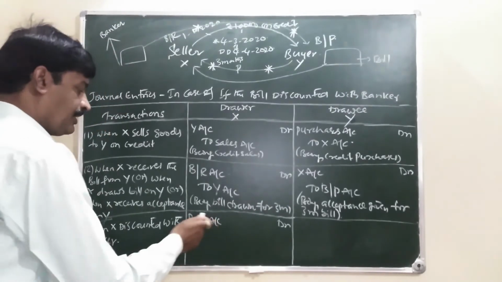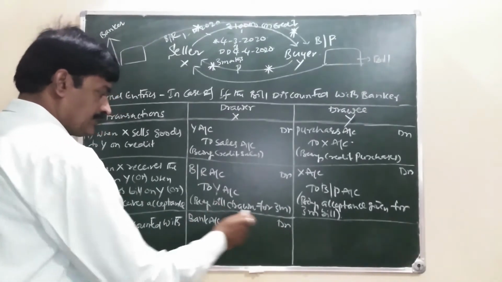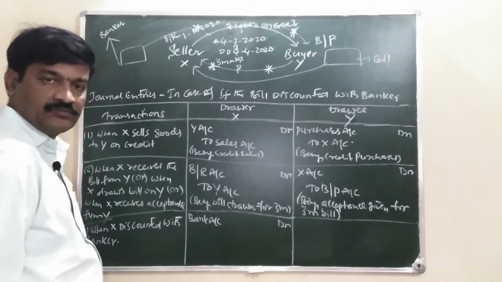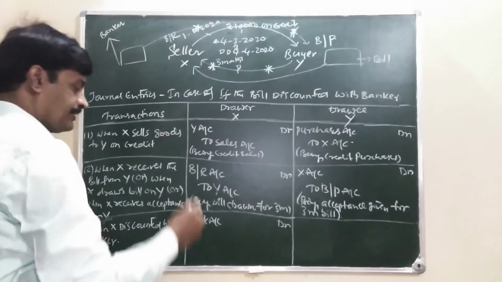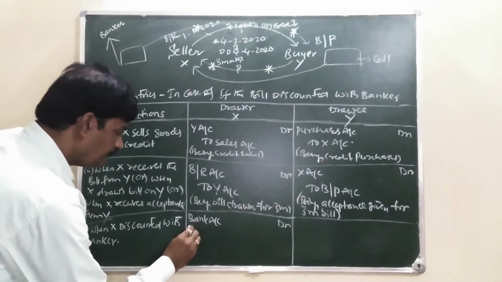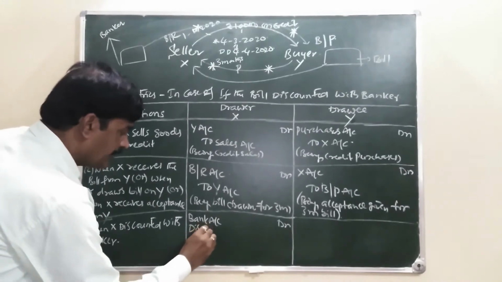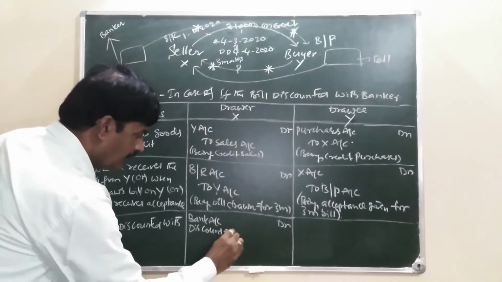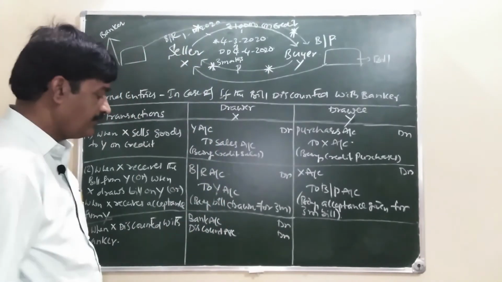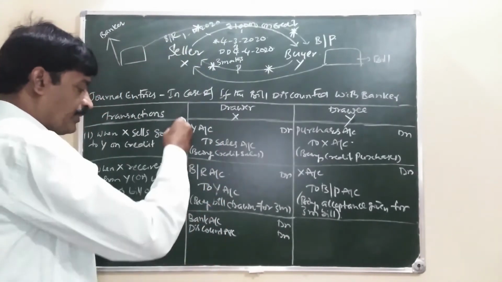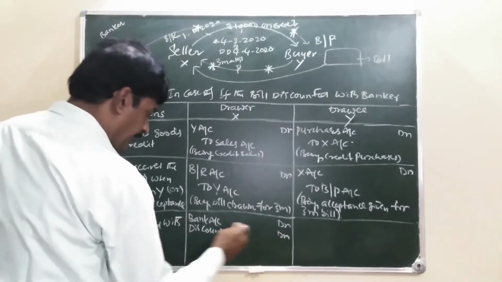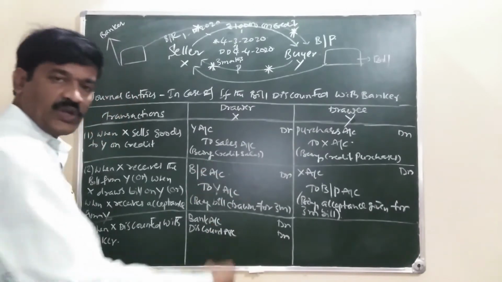Debit. Bank account debited means the amount collected from the bank is debited. Again debit, discount. Discount is a loss for whom? Loss for the seller. The amount not received from the banker is debited in the name of discount.